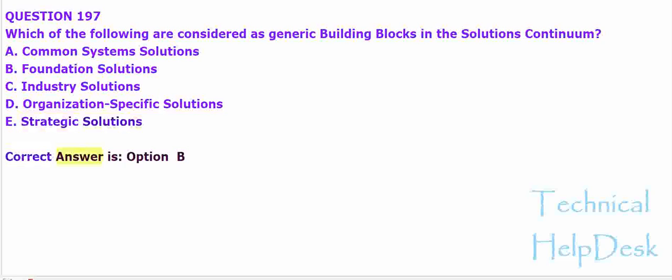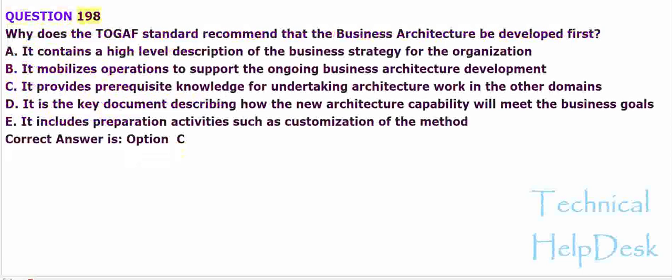Question 198. Why does the TOGAF standard recommend that the business architecture be developed first? A. It contains a high-level description of the business strategy for the organization. B. It mobilizes operations to support the ongoing business architecture development.